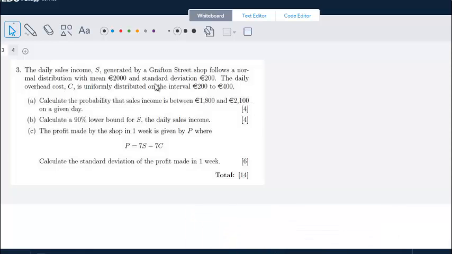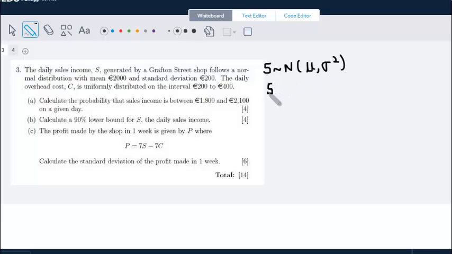In the third problem, the daily sales income generated by a Grafton Street follows a normal distribution. That is, S follows a normal distribution, where mu is the mean and sigma square is the variance, the square of the standard deviation.